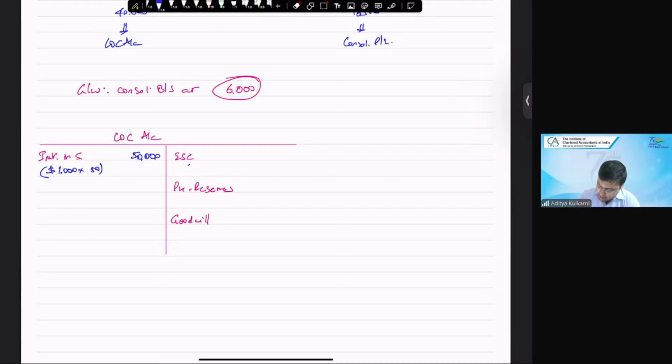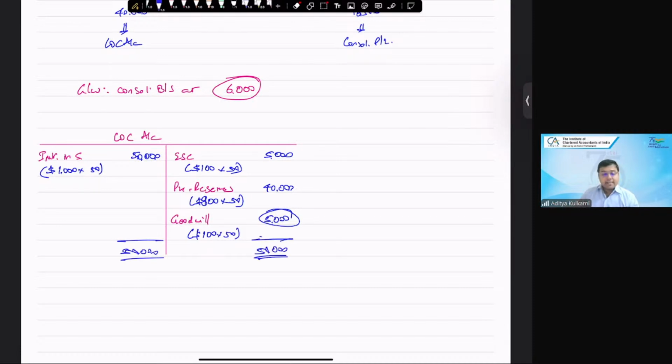Equity share capital was 100 into 50, so that is 5,000. Pre-reserves was 800 into 50, so that is 40,000. So I am left with a goodwill of 5,000. What is this 5,000? This is nothing but 100 into 50. Are you convinced with this?